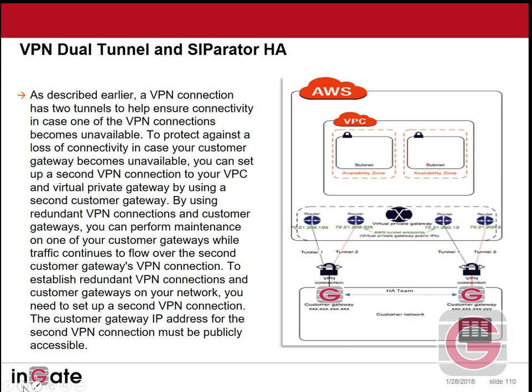You can also, if you are using high availability and you have an HA cluster, have both VPN connections pointing to different pairs of routers in the VPC.